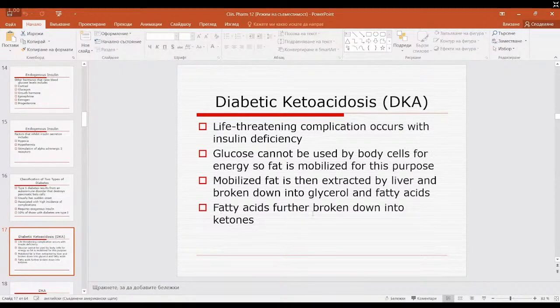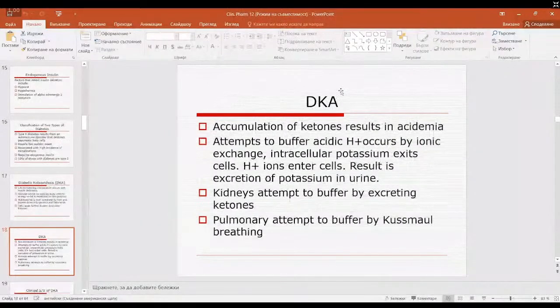When fatty acids are broken down while they're being used as energy sources, ketones are formed, we said. That's why it's called diabetic ketoacidosis. And ketones lead to a decrease in the pH, so that's why it's called acidosis.